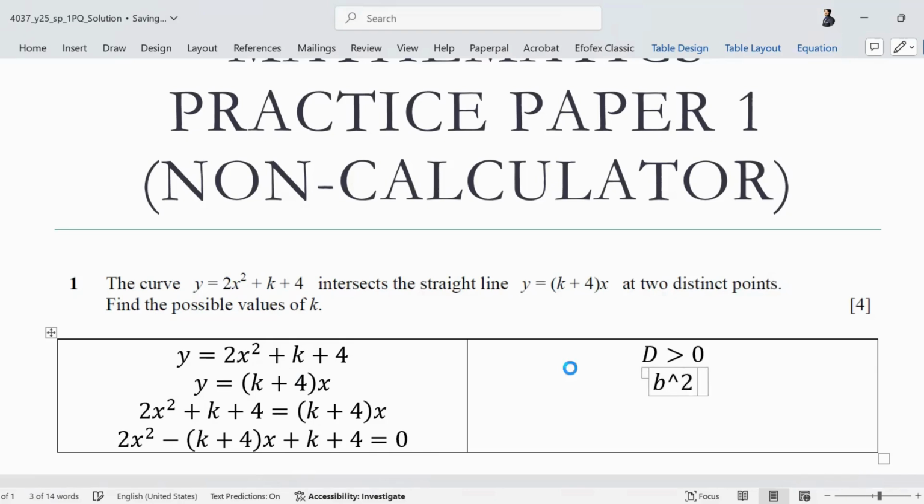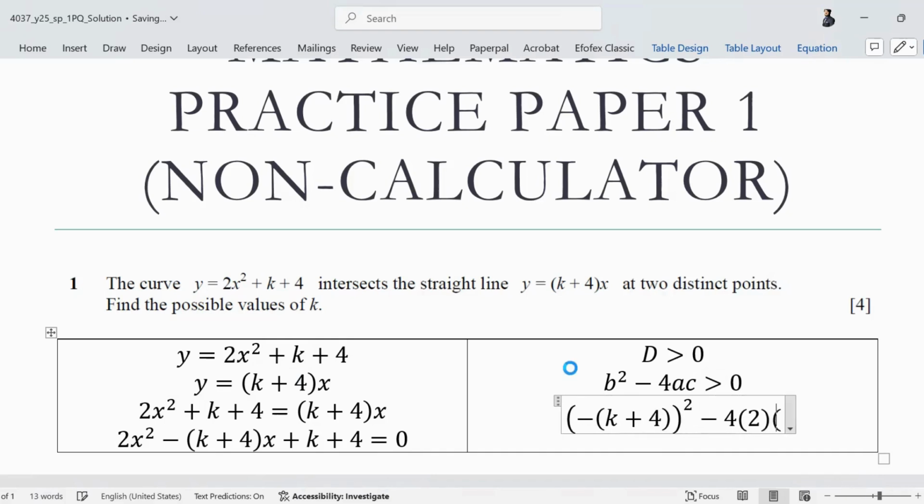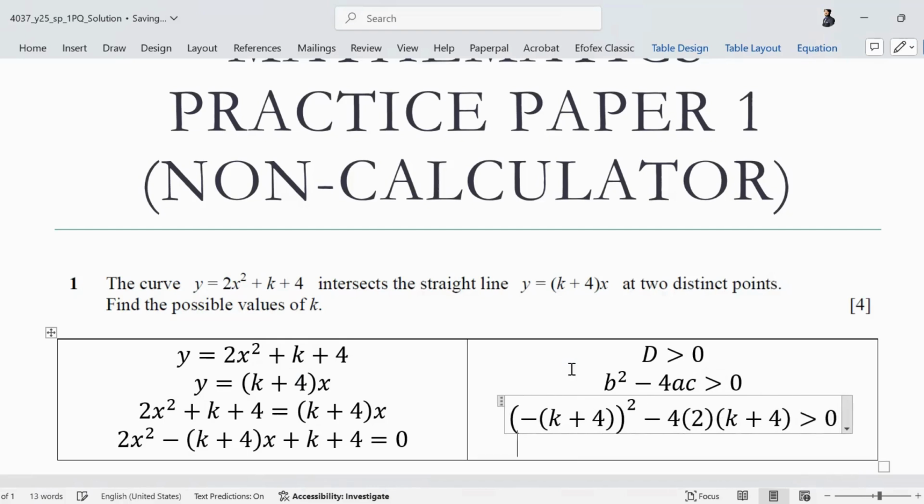Discriminant is b squared minus 4ac. B in this case, which is the coefficient of x, is minus k plus 4, whole squared, minus 4, a is 2 and c is again k plus 4.